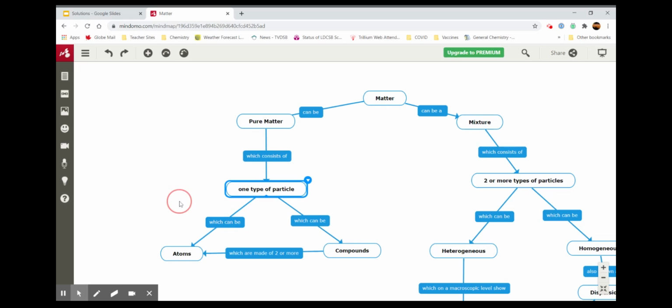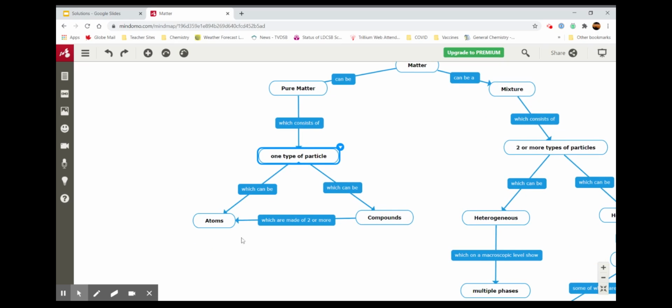At the most basic level, this particle could be atoms. Now, those atoms can chemically combine to form chemical compounds or molecules, and those two different types of matter, atoms and compounds, are the types of pure matter because the individual particles are of one type.